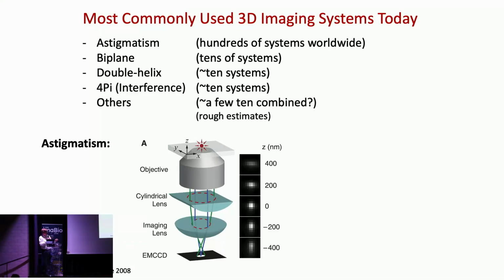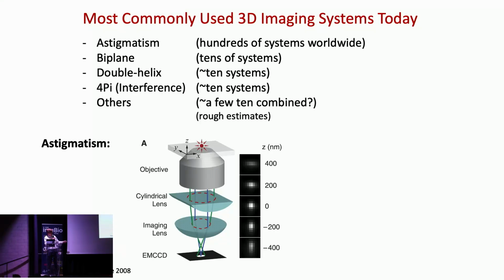And what that means is that the light in the plane parallel to the screen will be focused a little bit more strongly than the light rays in the plane perpendicular to the screen. And that leads to the fact that if you go a little bit above or below the focus, the point spread function will be focused more in one direction than the other.